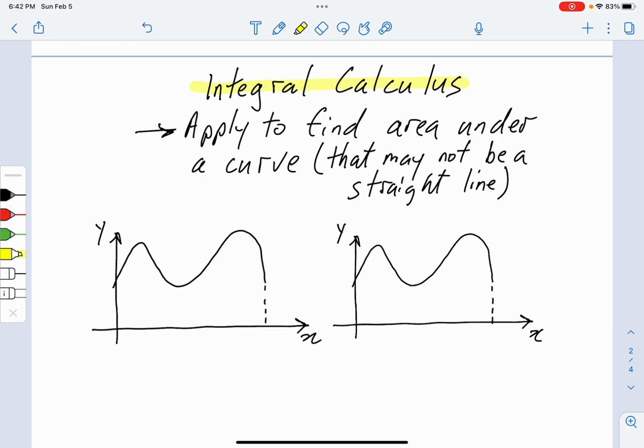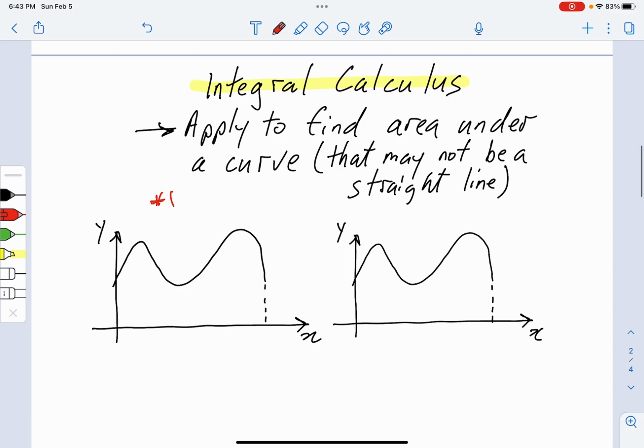This is a little bit of an oversimplification, but let's say we were looking at this first graph and we want to estimate the area. Well, we could divide it into rectangular boxes. I could slice it up like this into boxes, and that might give us an estimation of the area.